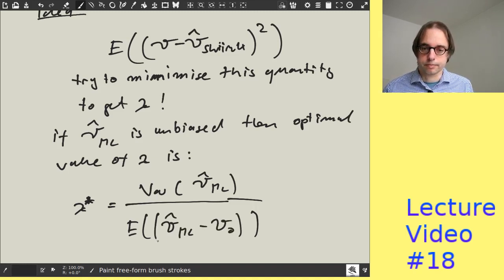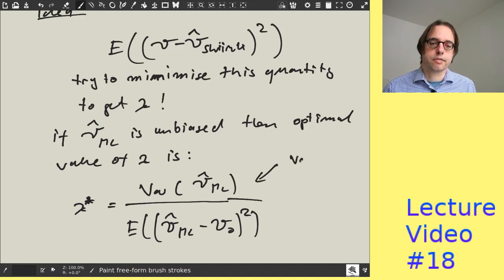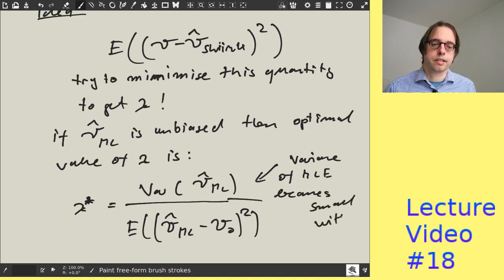And that's the interesting point here. The variance of the MLE becomes small with n, so the larger n, the smaller this becomes.